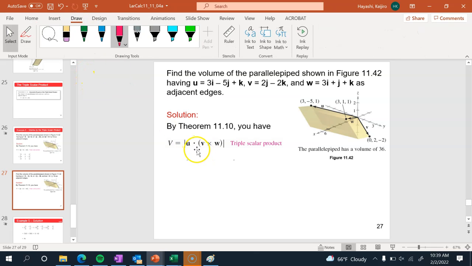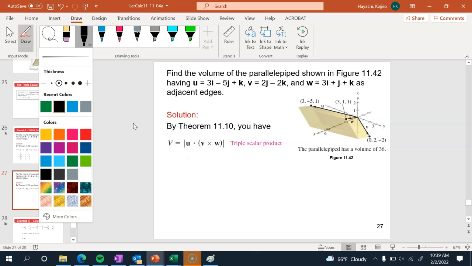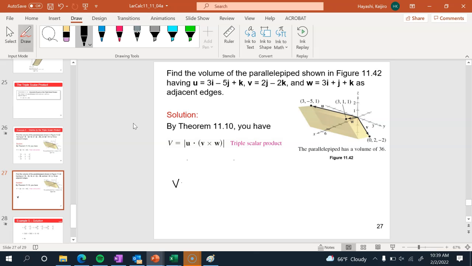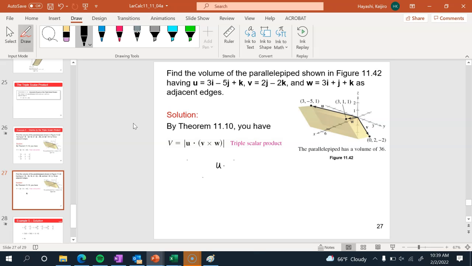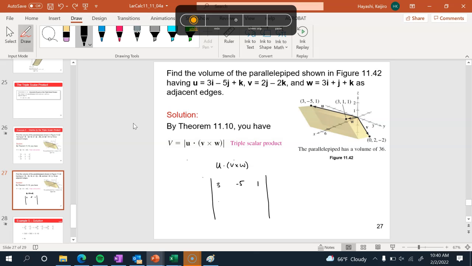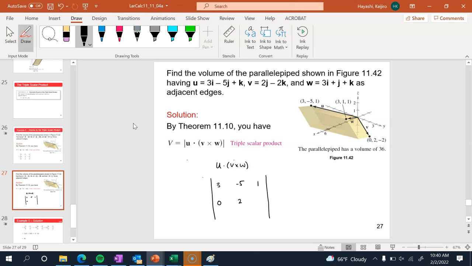And although this is the form of the triple scalar product, probably more important to remember is that it literally just is this whole thing. 3, -5, 1, 0, 2, -2, because there's no I term on V. Sorry, here are the three vectors.